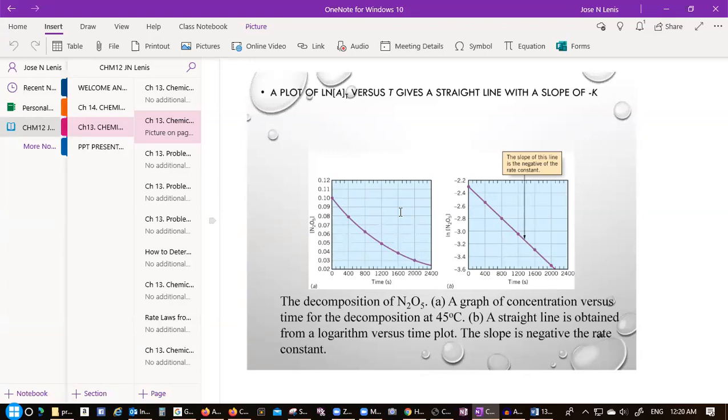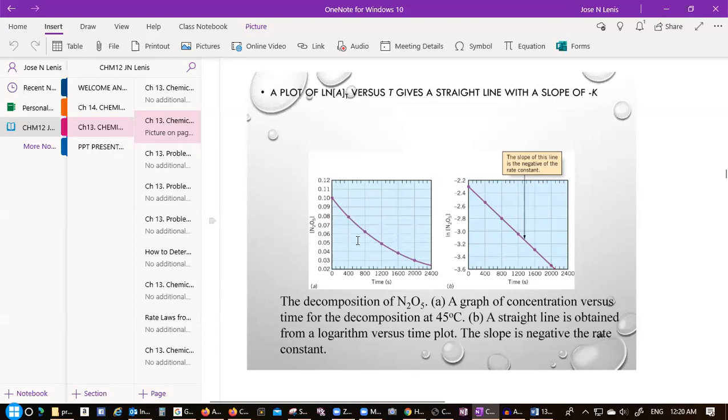And I can tell you this: from the shape of this graph of concentration of N2O5 against time, and based on what I just said in the previous example, my conclusion is that this reaction is not zero order with respect to concentration of N2O5. It's not. So we have an open chance.